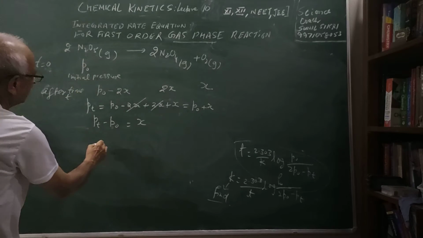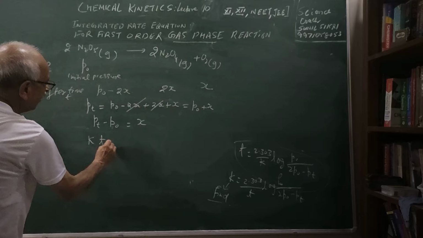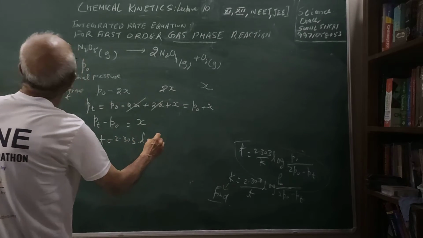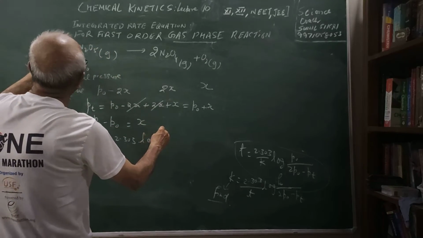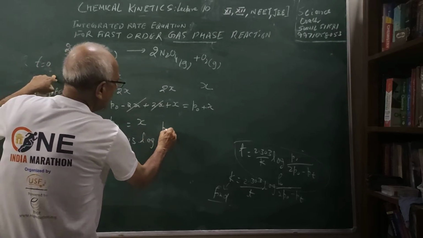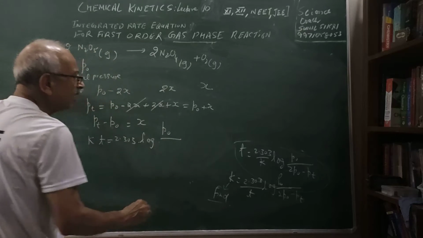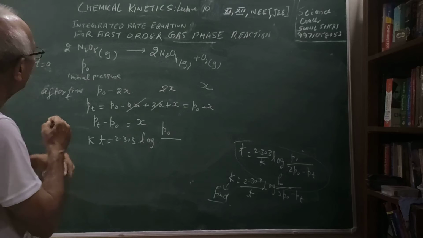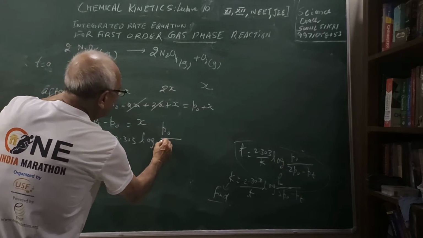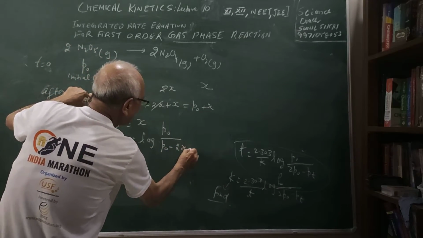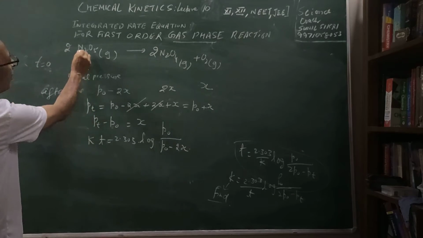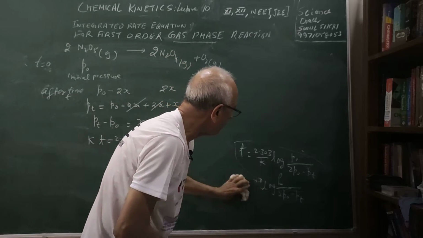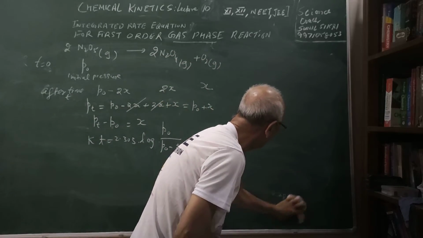So what is the formula, students? kt is equal to 2.303 log of the original concentration of this, which is P0, divided by what? P0 minus 2x. So this is the concentration of N2O5 after time t, P0 minus 2x. Now what will be the value of x?